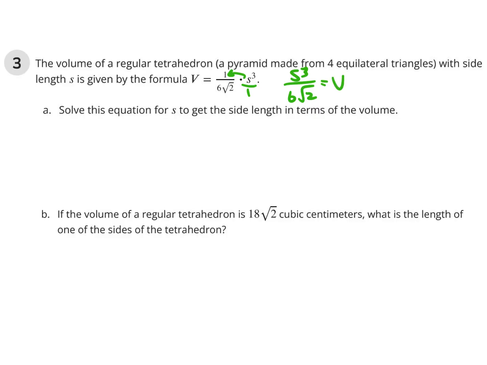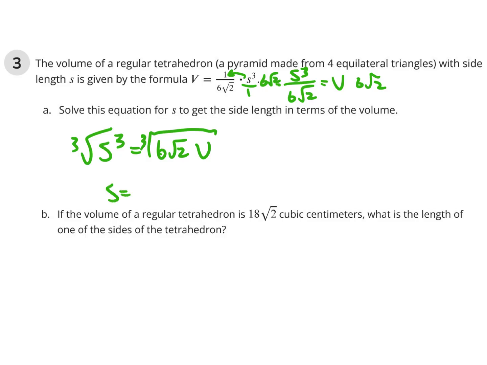All right, so to get rid of the denominator, we multiply both sides by 6 root 2. s cubed equals 6 root 2 times v. Take the cube root of both sides. And s equals the cube root of 6 root 2 times v.